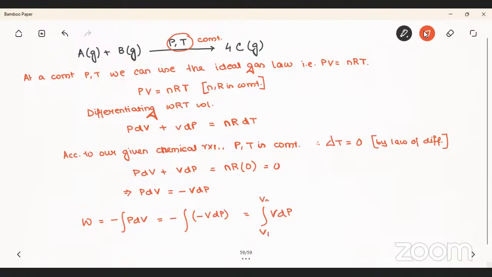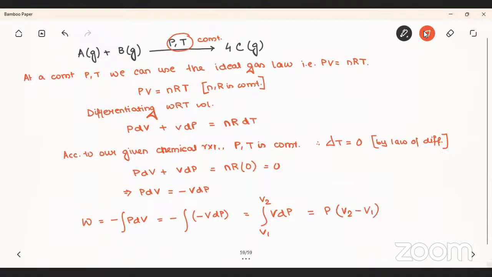Volume 1, volume 2. Whatever is the variable becomes the limits of the integral. Is this part clear now? After solving this integral, we get work done is P into V2 minus V1.